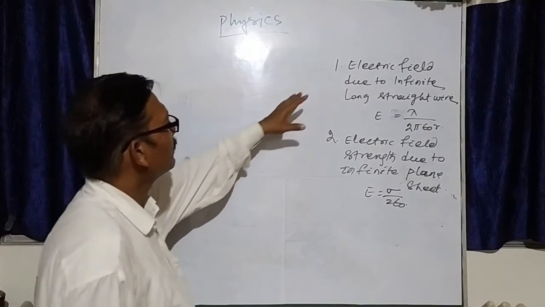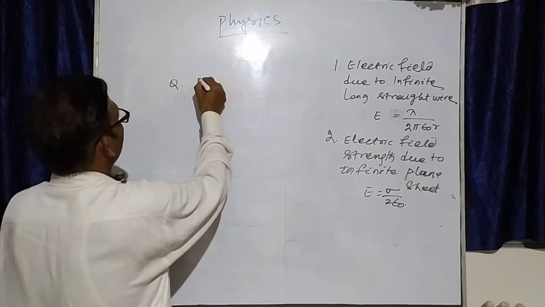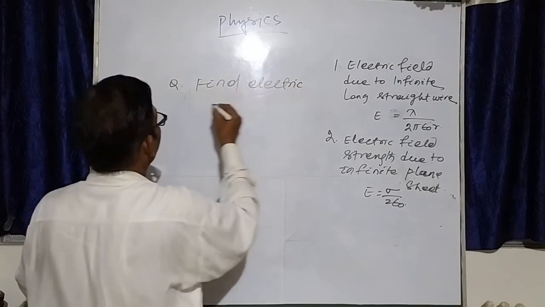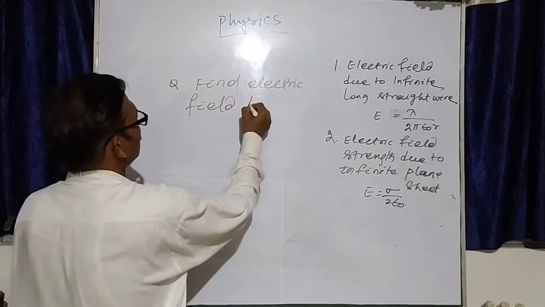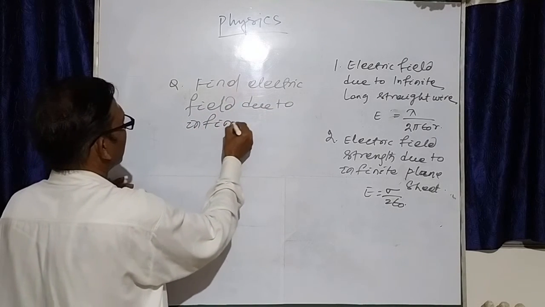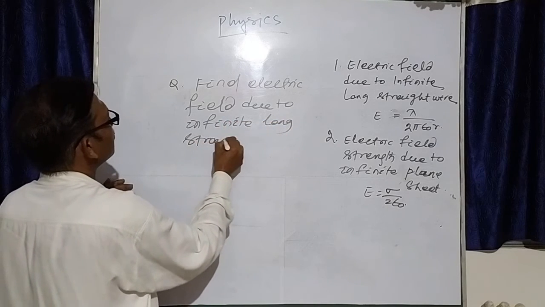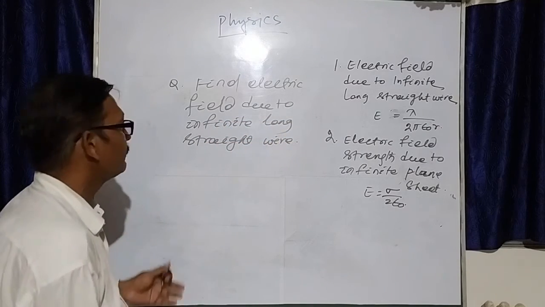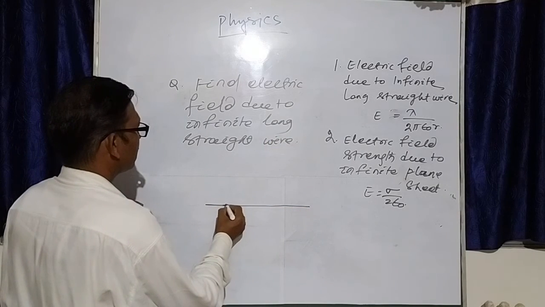Now you see the next question: find the electric field due to an infinite long straight wire. This is called your conducting wire, and the charge is positive.